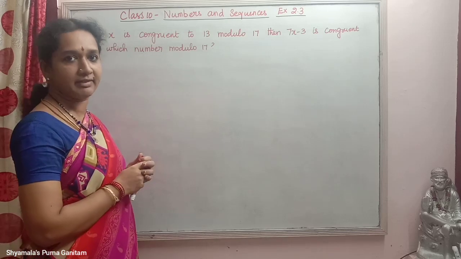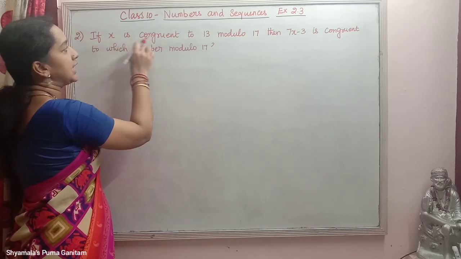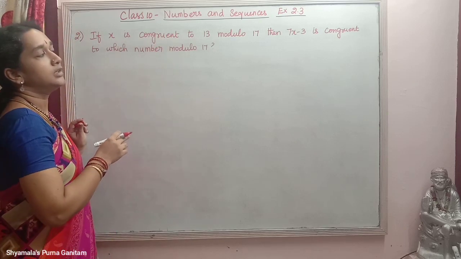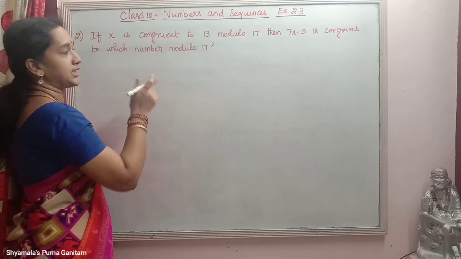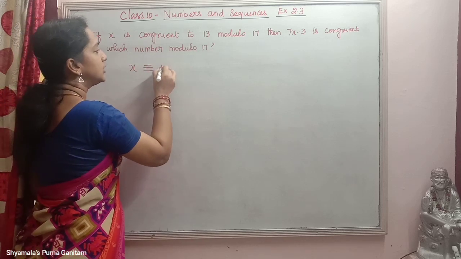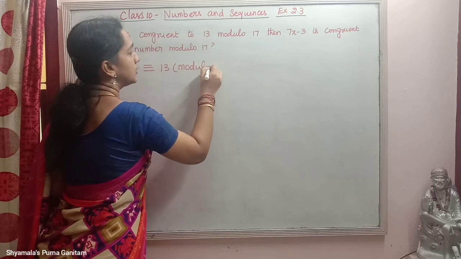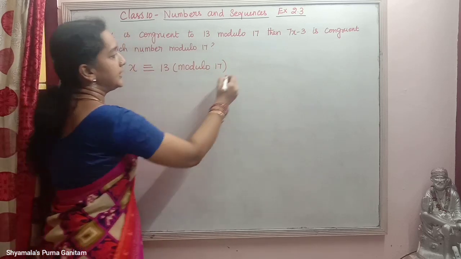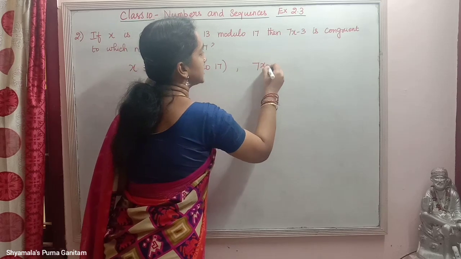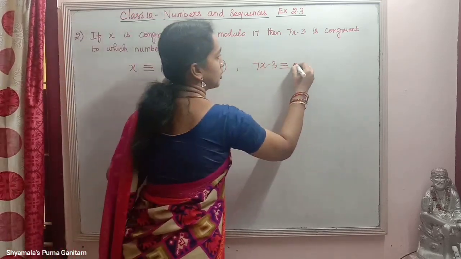Okay. The next sum is: if x is congruent to 13 modulo 17, then 7x minus 3 is congruent to which number modulo 70? This is the question.